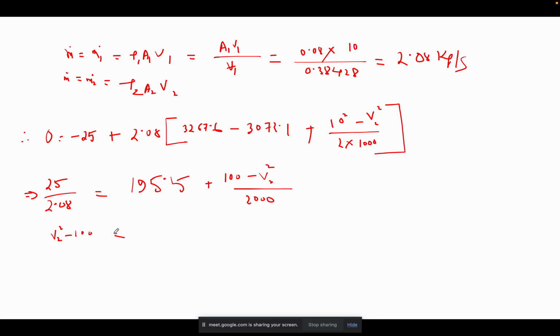So this is 366.96 into 10 to the power 3. Then v2 squared will be plus 100, so 367.06 into 10 to the power 3, so v2 will be the root over this one.